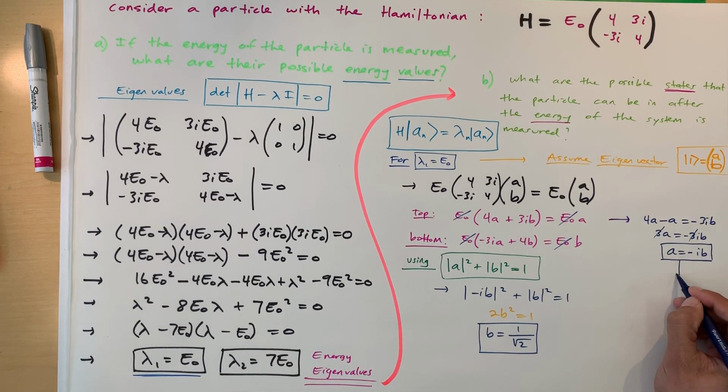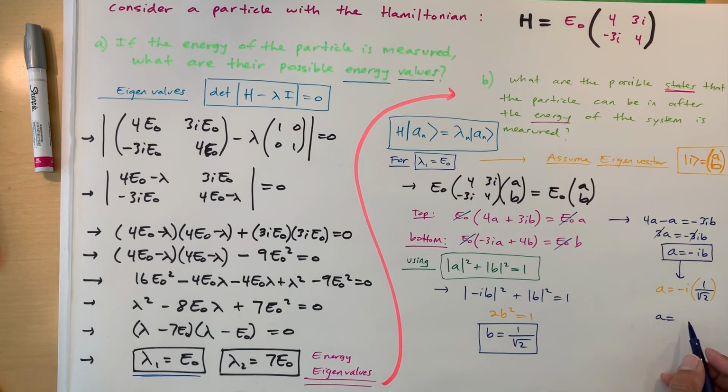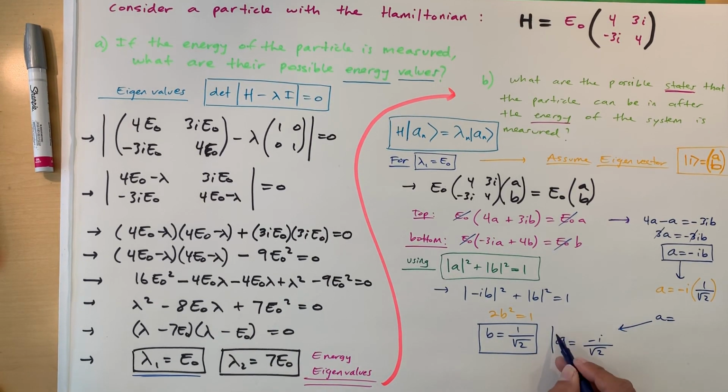We have a equal to negative i, and where b is at, let's put in 1 over square root of 2. And so a is going to equal negative i over square root of 2.